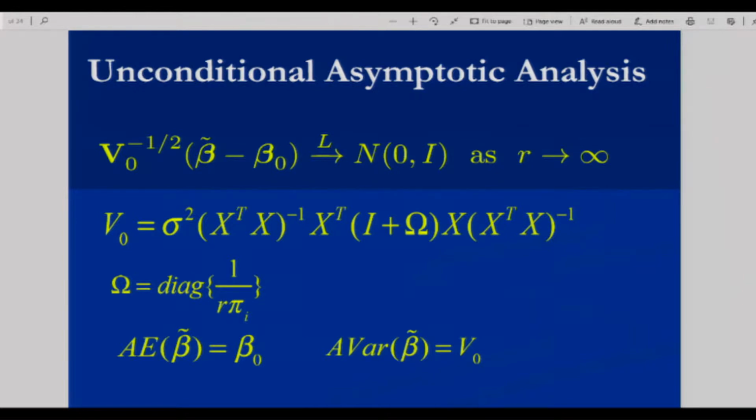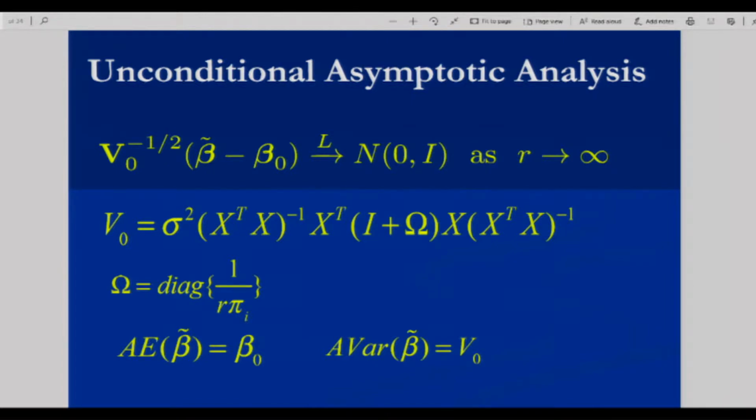This covariance structure can be very nicely written in this format. This omega involves 1/r, where r is our subsample size, and pi_i, each data point's sampling probability. So this statement tells us that the asymptotic expectation of this leveraging estimate equals beta 0, the true value of the underlying coefficient, and the asymptotic variance equals this V0.